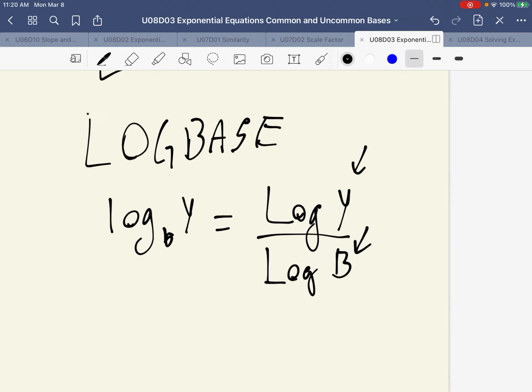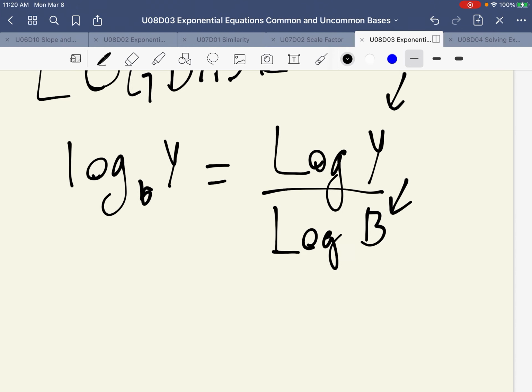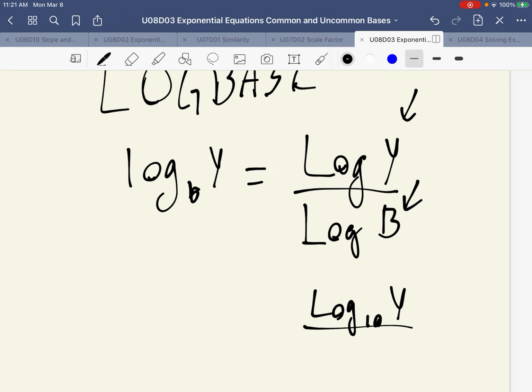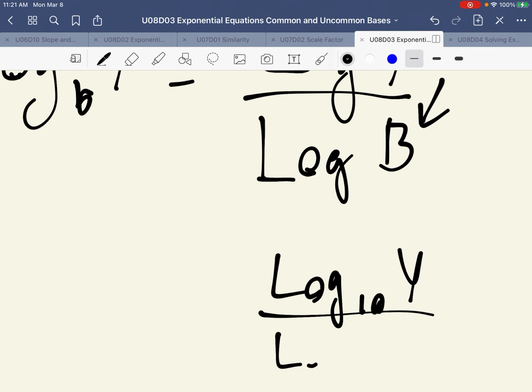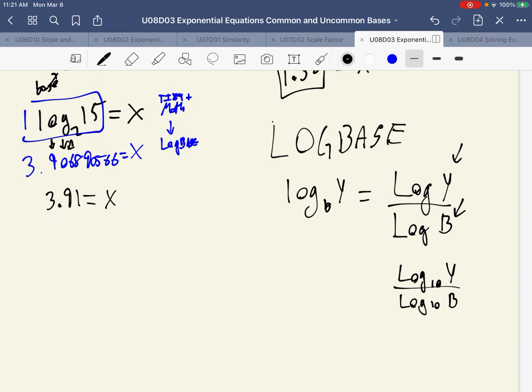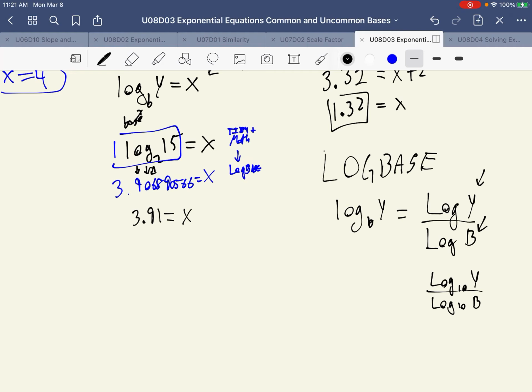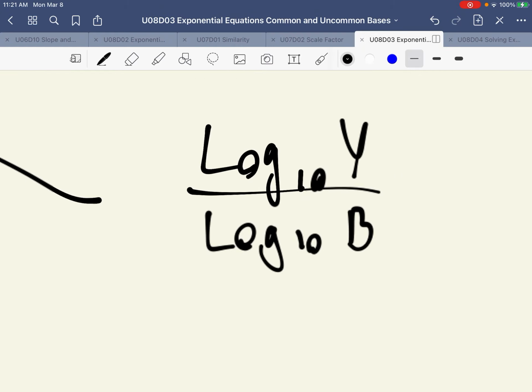The button for log for sure is in there. Log without a base listed is standard, it is log 10. So this is really log base 10. And it doesn't really matter which log base you use when you're doing these problems. If we were to type in log 15 over log 2, we should get the same decimal as we did before.